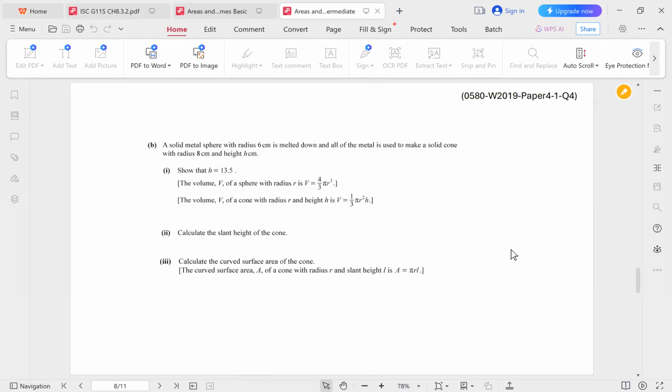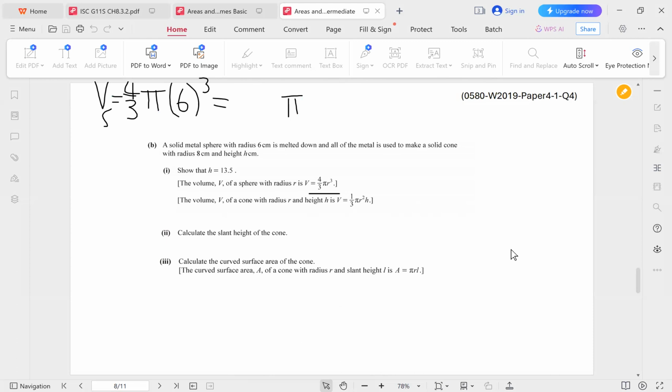So the volume of a solid metal sphere is given by 4 over 3 pi r cubed. So this would be V sphere equals 4 over 3 pi times r cubed, which is 6 to the power 3. So I will keep pi as I normally do, and I'm just going to find 6 to the power 3 multiplied by 4 divided by 3.